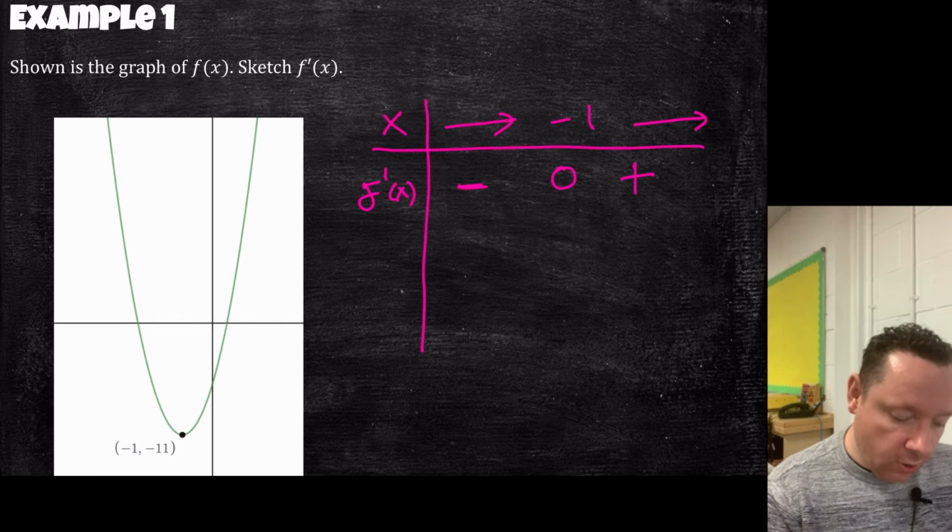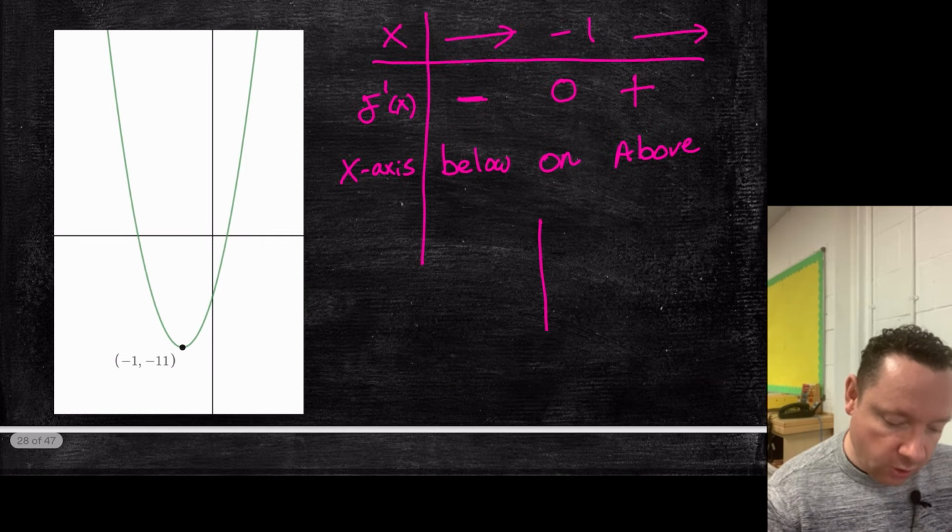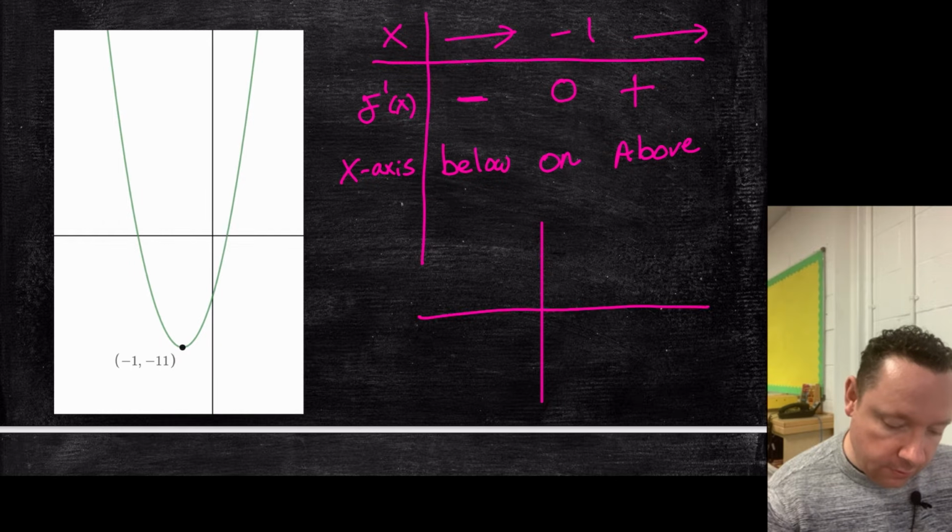So looking at where it is on the x-axis, it's going to be below, and then it's going to be on it, and then it's going to be above it. So we can then get a little shape. It's very simple. You draw yourself a graph, x and y.